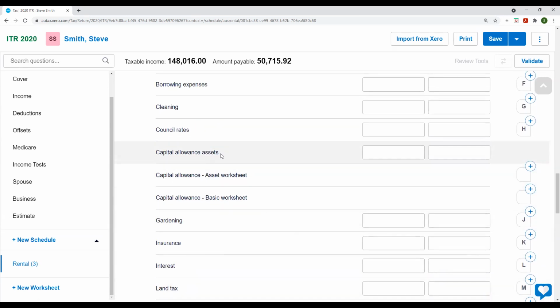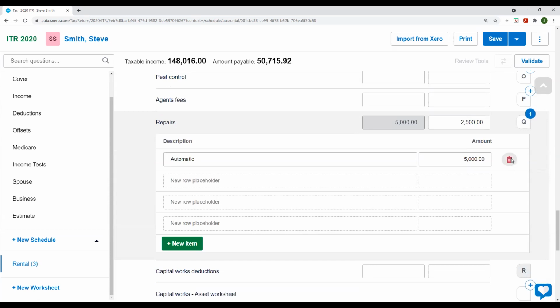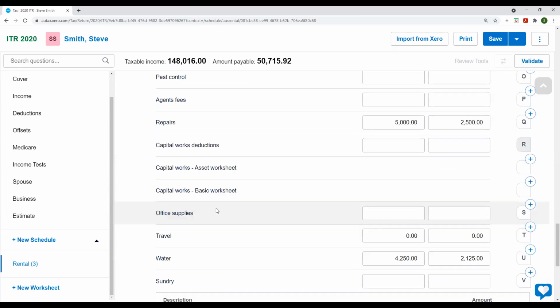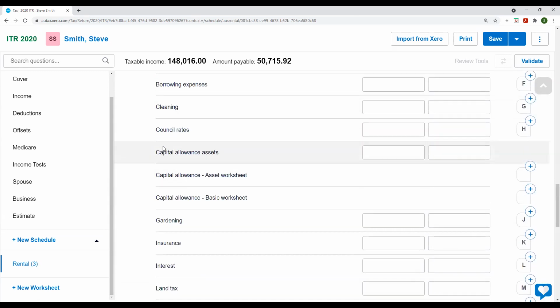The only thing I did not explain is this capital asset. This is the depreciation for assets. The other one is depreciation for your building. So you can see capital works deductions and capital asset deductions. Your rental property, or your client's rental property, has two parts of depreciation, because the building is going to decrease in price.